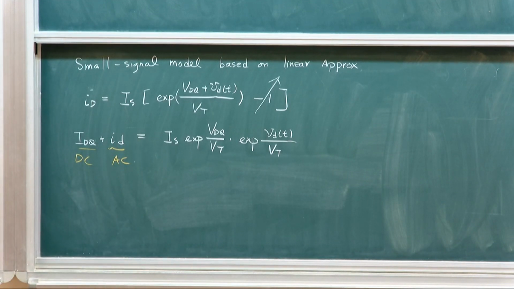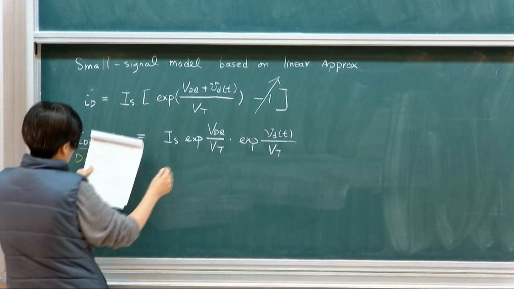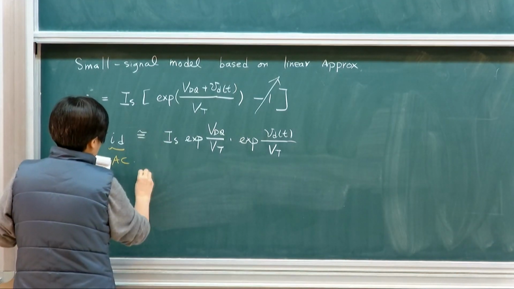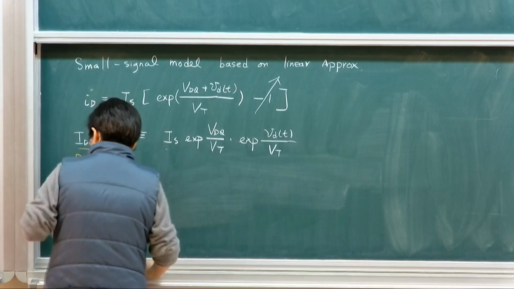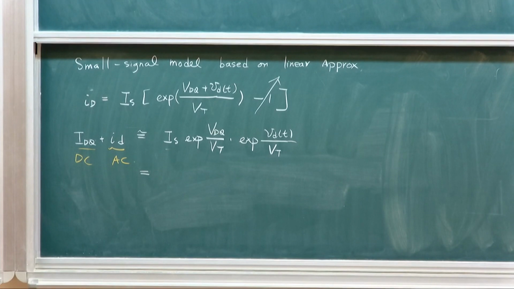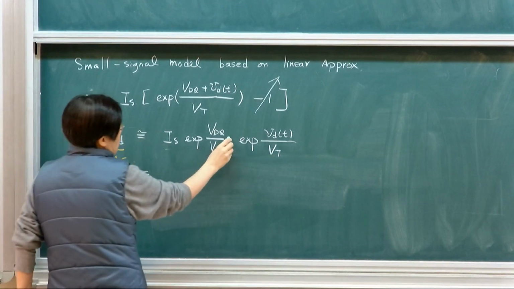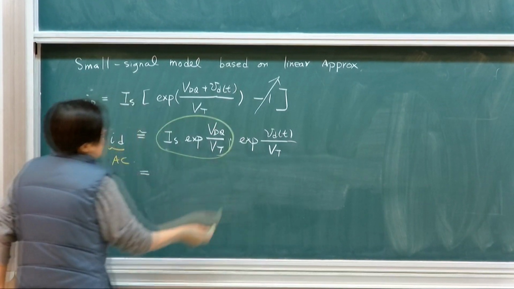I'm separating them out. I'm ignoring the minus 1, assuming that you have a large enough current, and you simply ignore the minus 1 in all the following analysis.